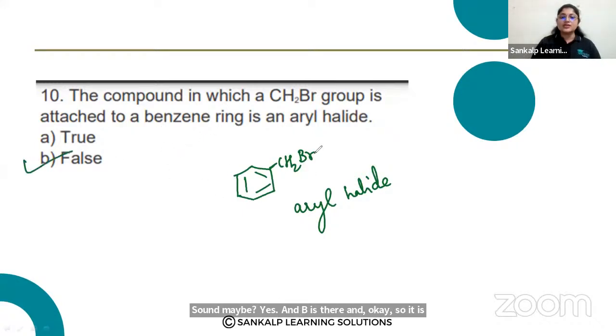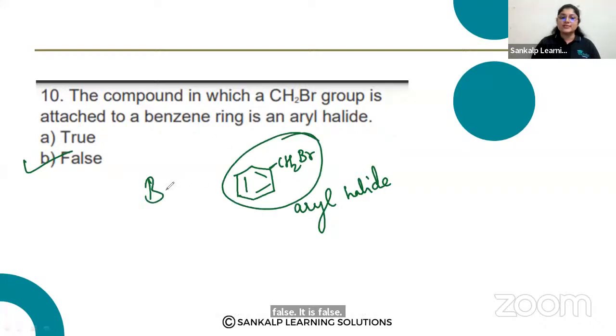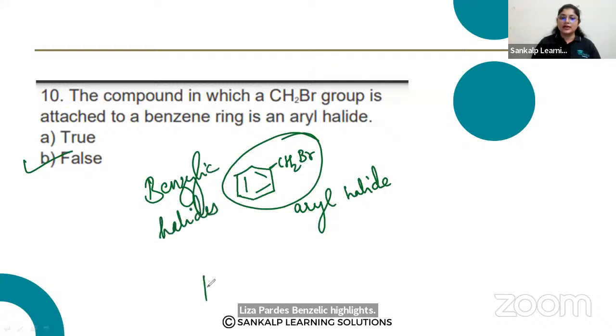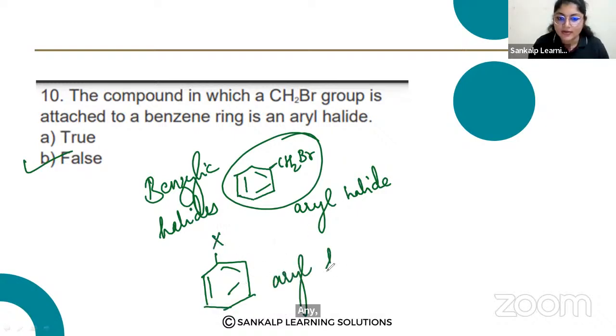So these are called as what? These are called benzylic halides. Aryl halides are what? Aryl halides are this. Any X, I can write in general as any halogen atom attached, is called an aryl halide.